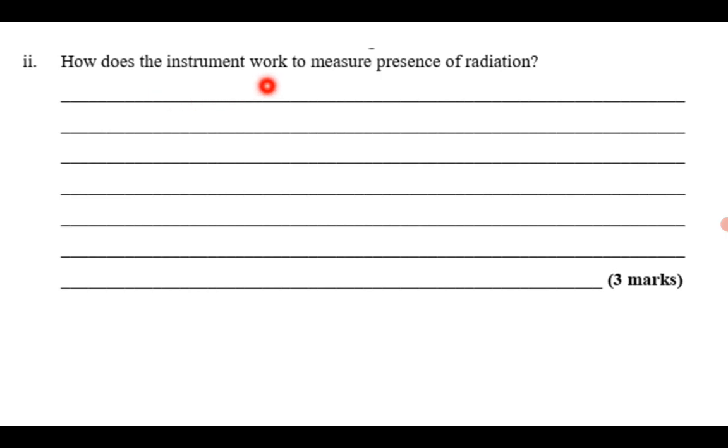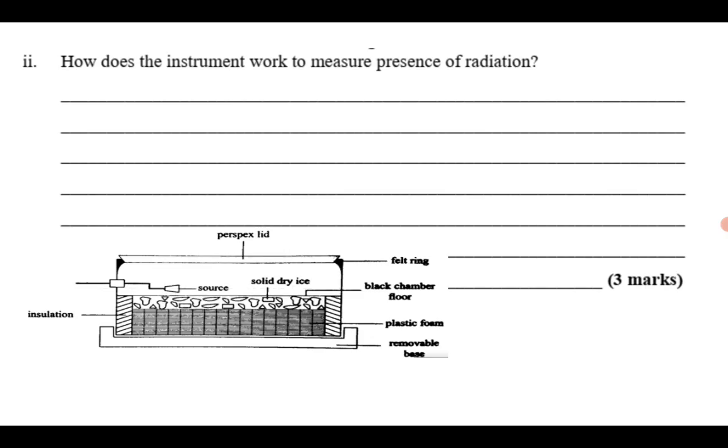How does the instrument work? To measure presence of radiation. Alright, so for this to measure the presence of radiation, you see in here there's what is called solid dry ice. The dry ice is basically frozen carbon dioxide.